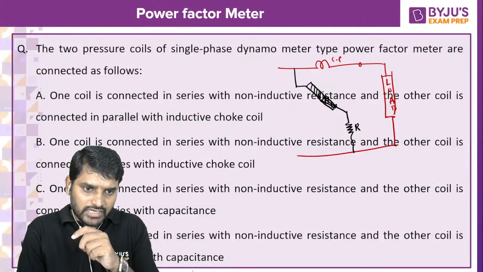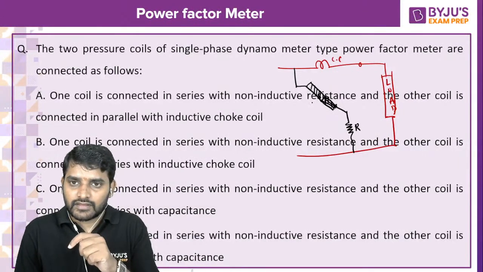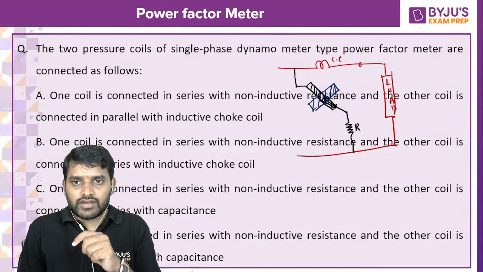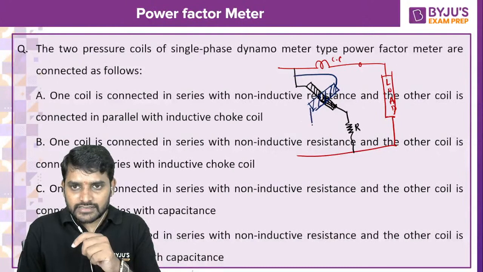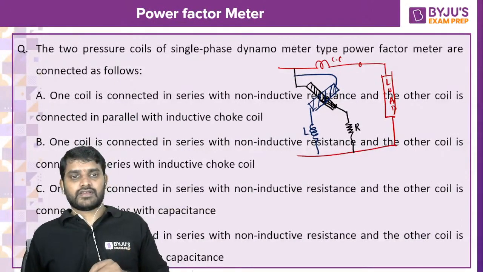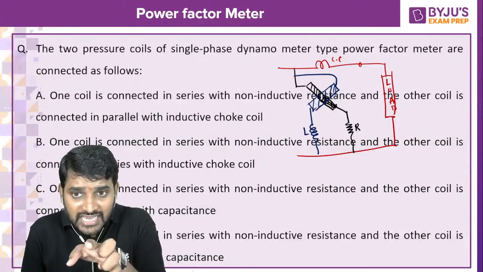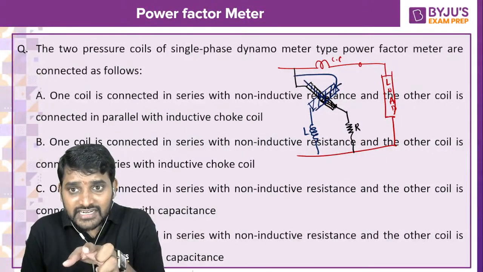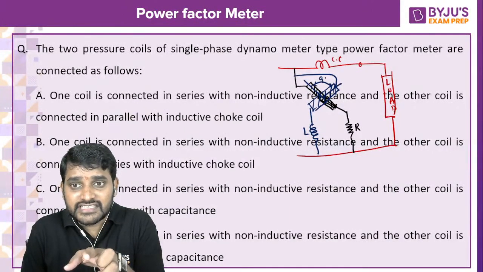And another coil is going to be connected like this in series with pure inductance. These coils are connected 90 degrees apart from each other, physically 90 degrees apart.